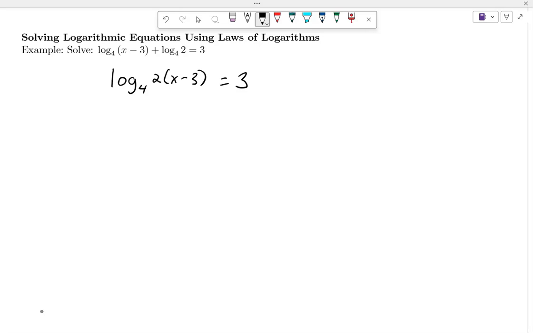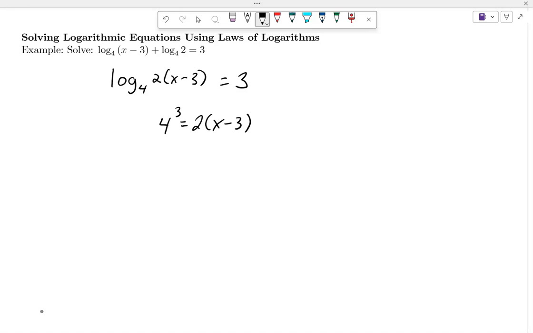Yeah? Okay. Now, does this look like the problems we were just doing? Look exactly like the problems we were just doing, doesn't it? How do we rewrite this? Four to the power of 3 equals, good, 2x minus 3. And now this looks like an equation you should be able to solve relatively quickly, yes?